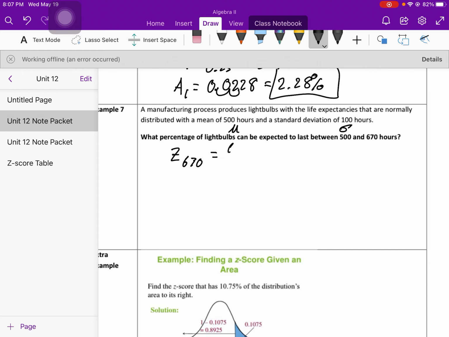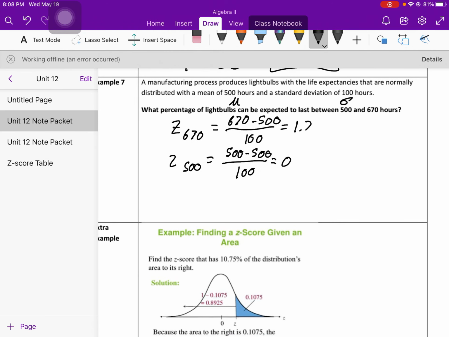So we're going to do z of 670, which is 670 minus 500 divided by 100. That comes out to 1.7. And we got to find z of 500. And that is 500 minus 500 divided by 100, which comes out to be 0.